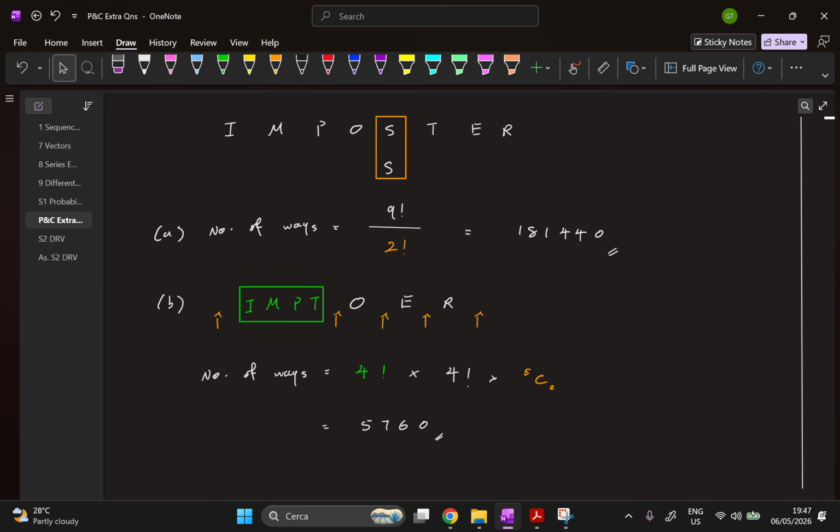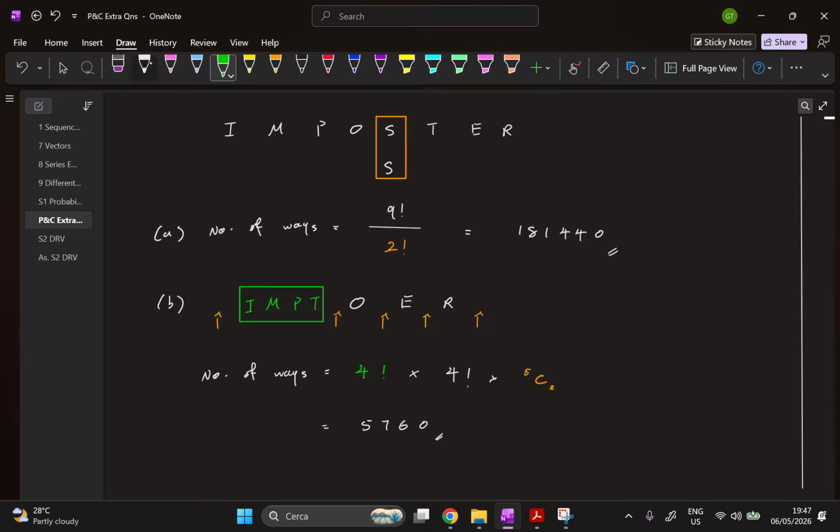So the order of permutation, I would say there is no specific order in which you must write it because after all multiplication is commutative. But the best way to think about it for yourself so that you don't overcount or undercount is first you permute anything that is within a unit, within a box.